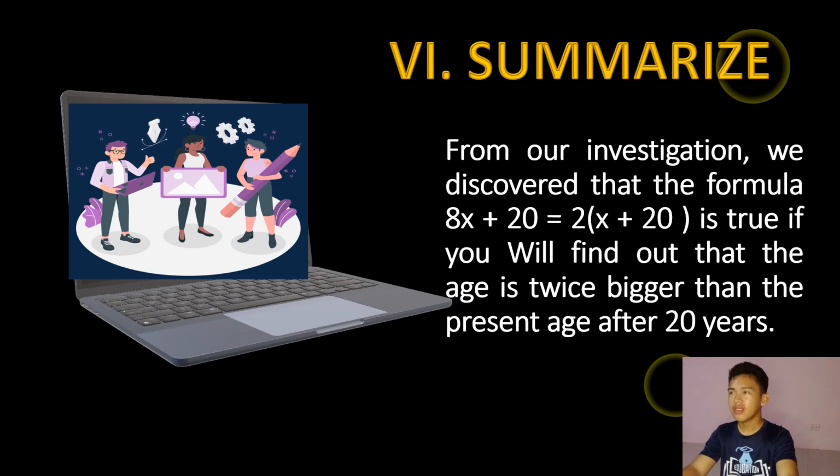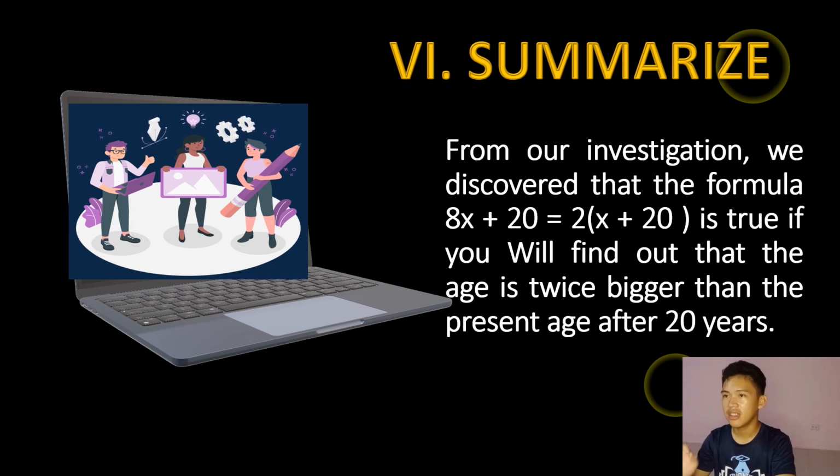So on our previous slides we made another example, another problem, where we used this equation or formula. The equation for the mother and daughter would be 8x plus 20 is equal to 2 quantity x plus 20. And we all know that it is true, because after 20 years, the age of the daughter is 23.33 and the age of the mother is 46.64.